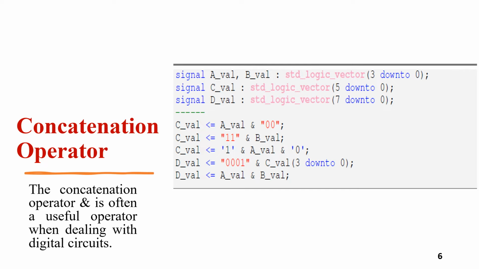Each signal has 3 parts: the name, the data type and length, and the initial value.